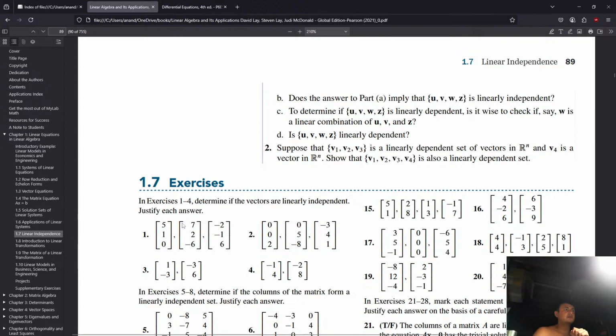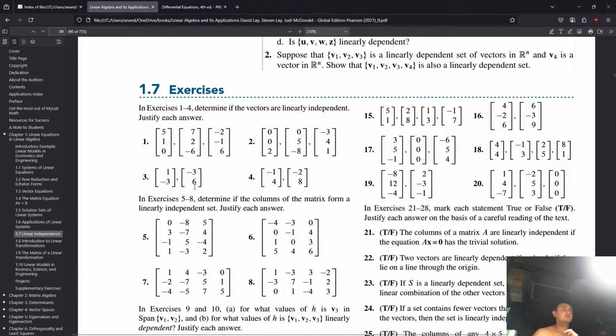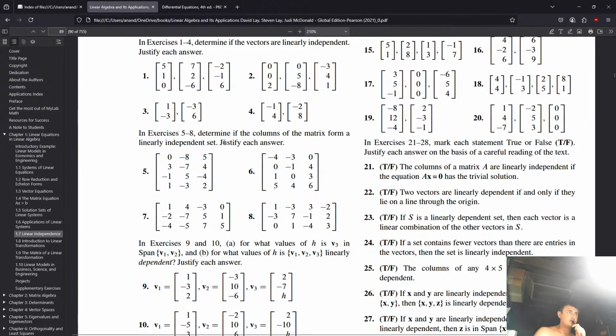Alright, determine if these are independent. That seems really boring. I think I'll probably just do the true-false. Determine if the columns form a linearly independent set. There's more equations.